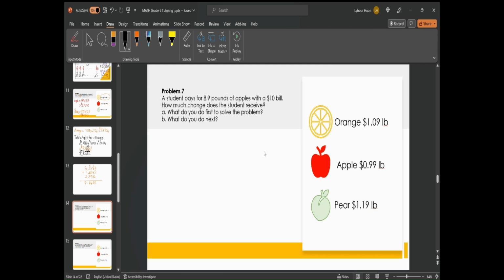For example, in reality, if you have a $10 bill and you want to buy apples, which cost $0.99 per pound, and you want to buy 8.9 pounds, maybe you will have change back. So the question is, how do you solve this problem first?